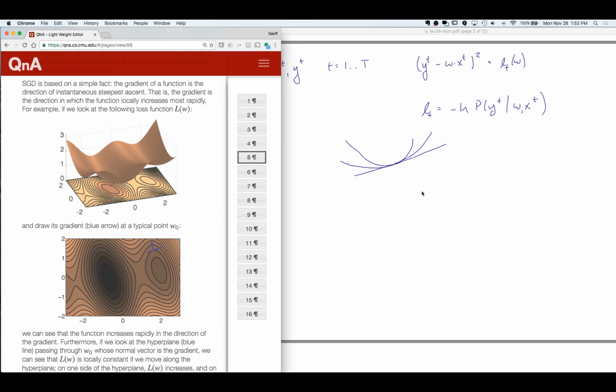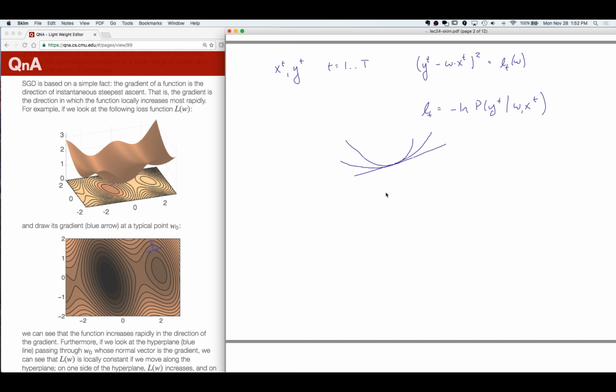By the way, everybody says local optimum, but I should define it precisely. A local optimum is a w such that there exists a neighborhood, which I'm going to write as a ball of radius epsilon, which is strictly greater than 0, such that L of w is less than or equal to L of w prime for all w prime such that the distance between w prime and w is less than epsilon, right?